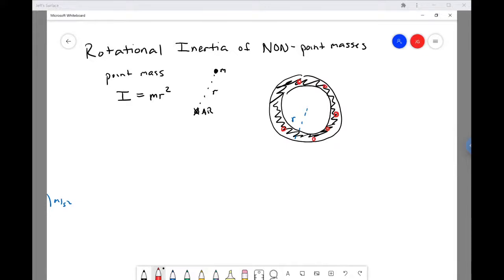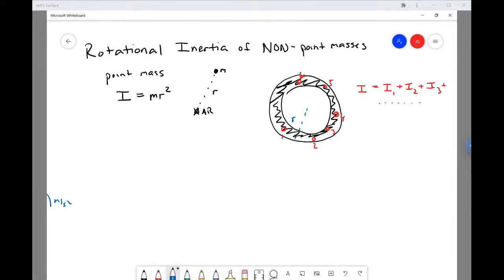I'll label these little piece masses 1, 2, 3, 4, 5, 6. And you could say the total inertia of this rotating body is the contribution. You could treat each of these little pieces as little point masses. You could just add them all up. But there's an infinite number of them, because these are infinitely small, tiny chunks of the wheel.